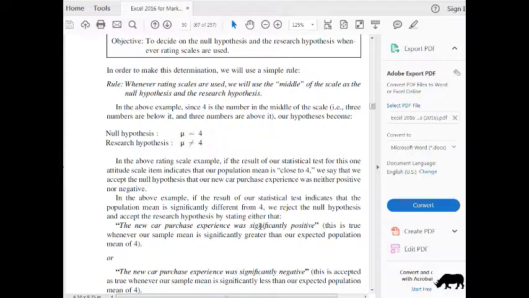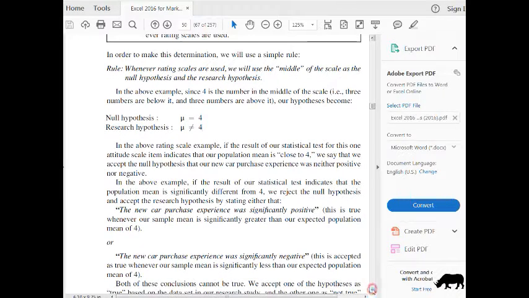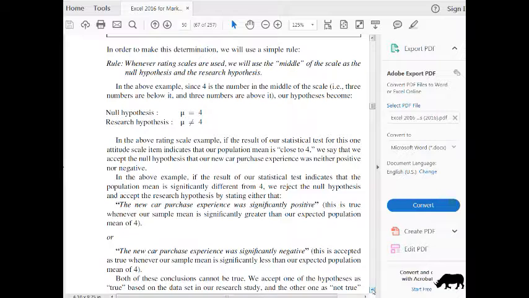If the result of our statistical test indicates that the population mean is significantly different from 4, we reject the null hypothesis and accept the research hypothesis by stating either that the new car purchase experience was significantly positive, which is true whenever our sample mean is significantly greater than our expected population mean of 4, or that the new car purchase experience was significantly negative, which is true whenever our sample mean is significantly less than our expected population mean of 4.